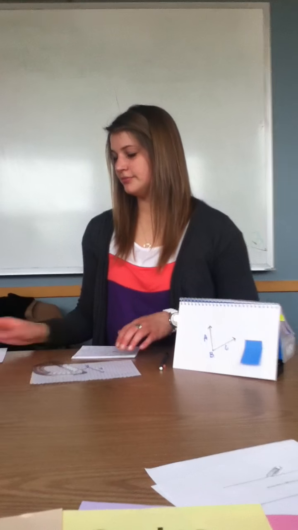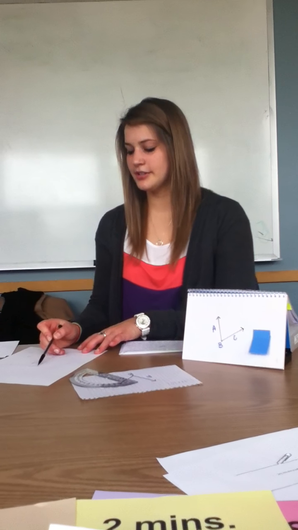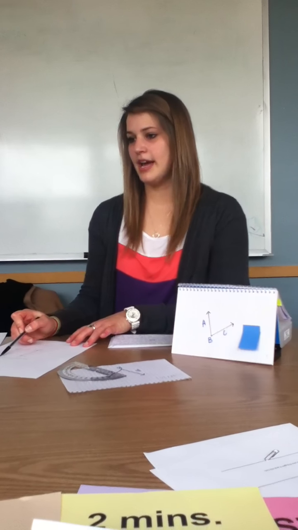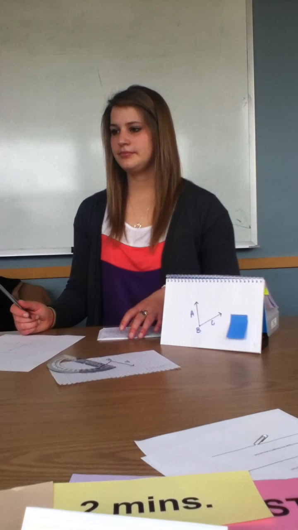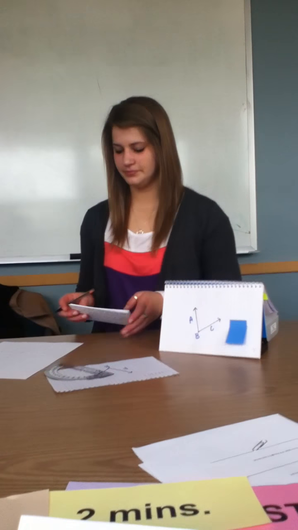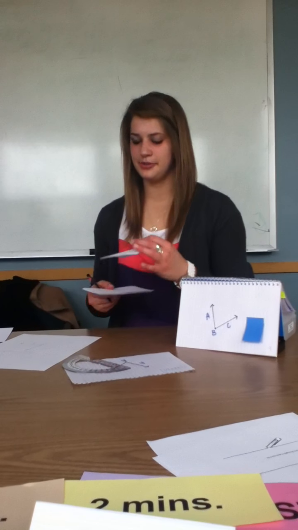Good. Alright, so now we will practice. I want you all to draw a random angle. Any size, any shape. Just make sure you're using the right steps that we have just learned. So draw the first ray and then another ray coming from it. Make sure you place your protractor on the paper and correctly align the vertex and the two rays.